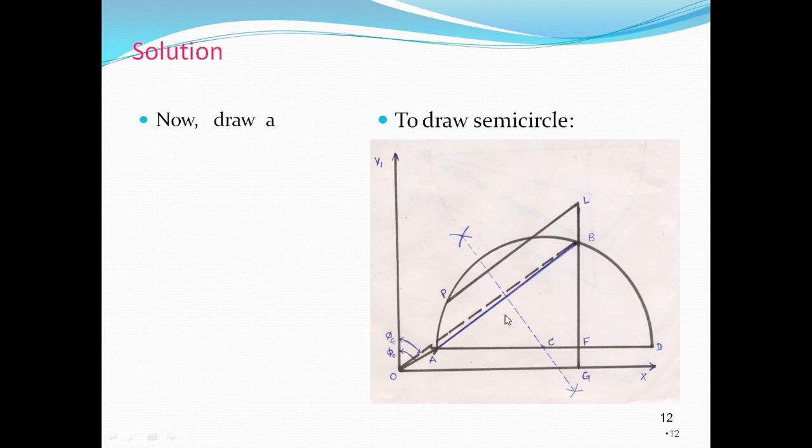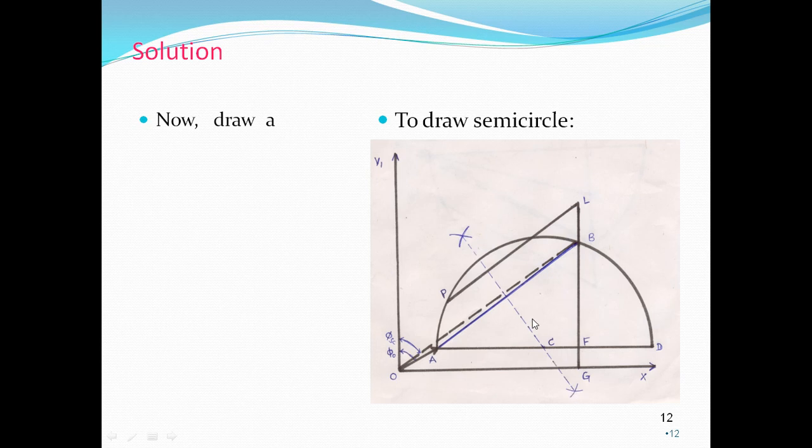Now you join the two points A and B. After joining A and B, now you have to bisect the line AB. How do you bisect? Take a compass and take a radius more than half and draw arcs on both sides of AB, like this, here and here. Next, with the same radius from B as center, draw another two arcs which cut the first arcs, here and here. Now join these two.